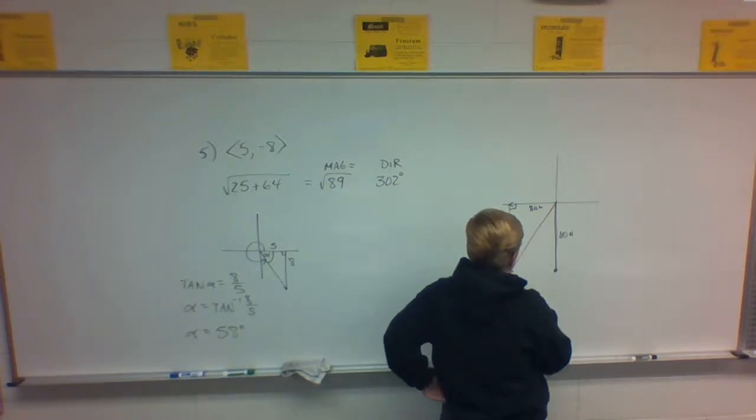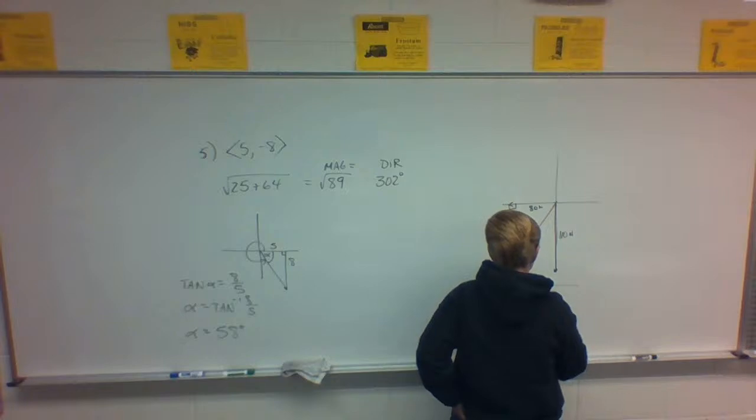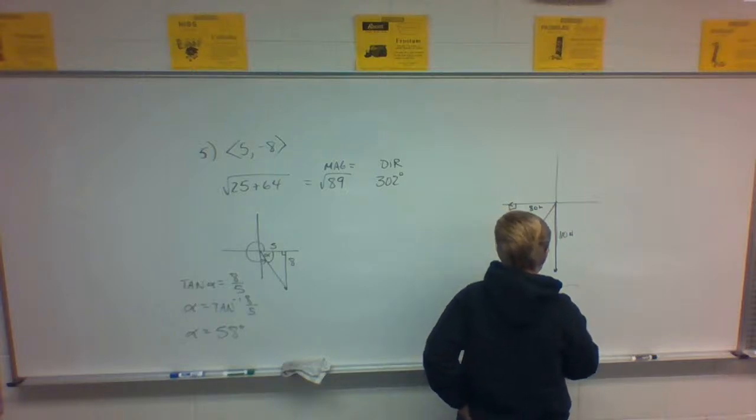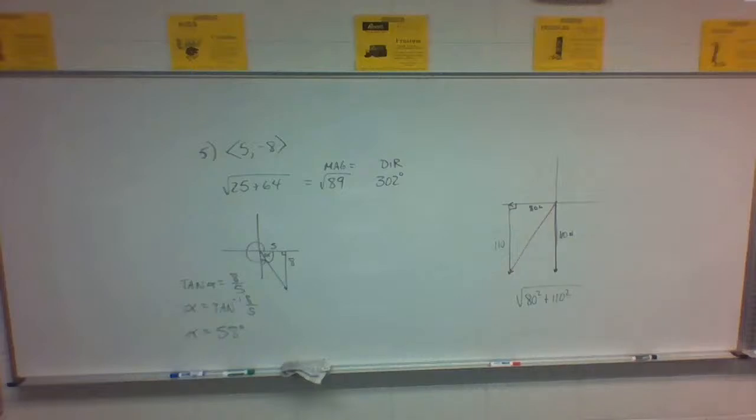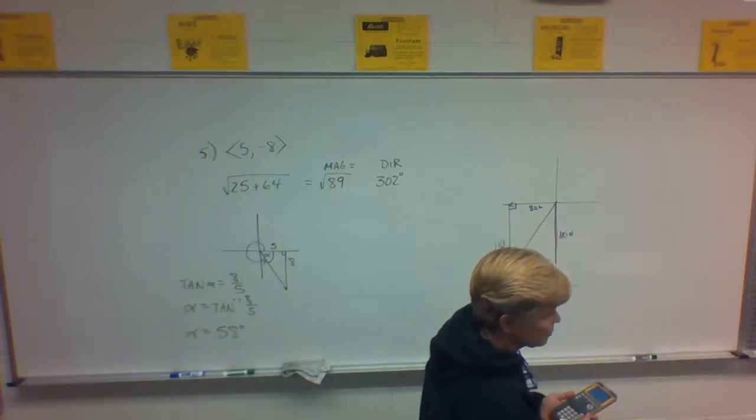The magnitude of that resultant vector is the square root of whatever 80 squared plus 110 squared is, and I would prefer you don't leave it in radical form. I think it says rounded or something. No, it just says find the magnitude. I guess you could give me the radical root if you want it, but it better be simplified.